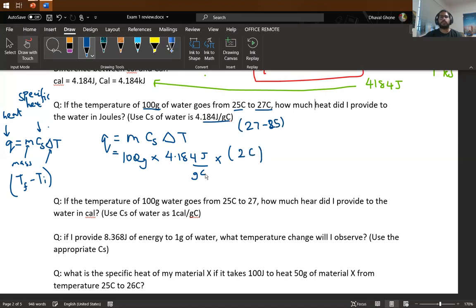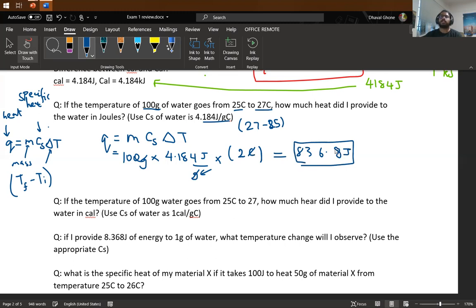If you observe, all my units cancel off except for joules. Whatever answer I get here, let me calculate real quick for you: 100 times 4.184 times 2, you get 836.8 joules, and that's your final answer.